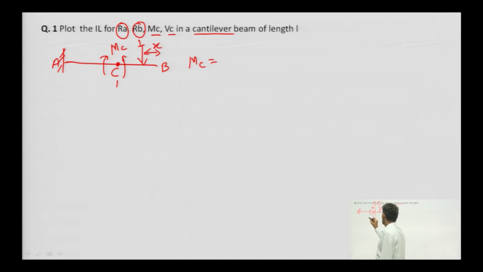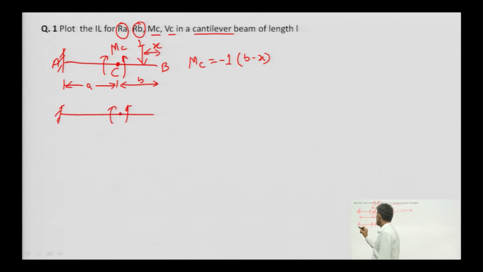Suppose this distance is A and this is B. So, MC will be equal to 1 force multiplied by perpendicular distance, and it will be B minus x, and the direction is clockwise. Here we are taking this direction of moment, that is why it will be taken as minus.